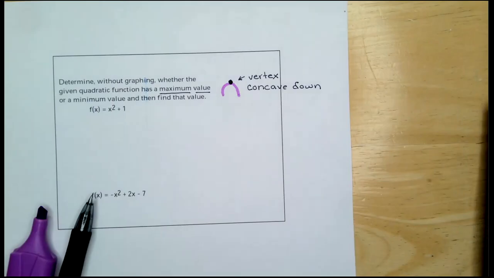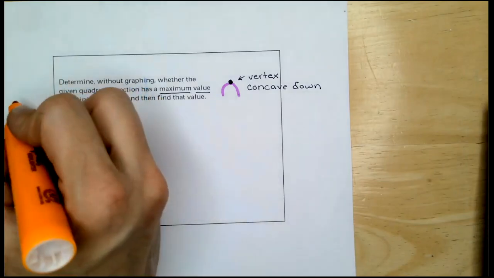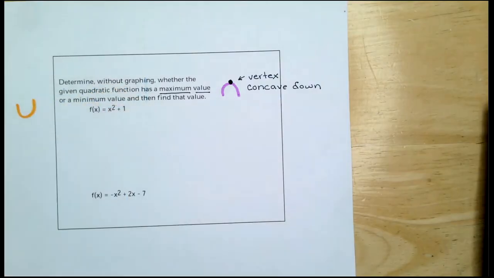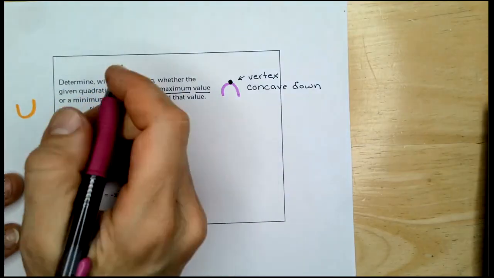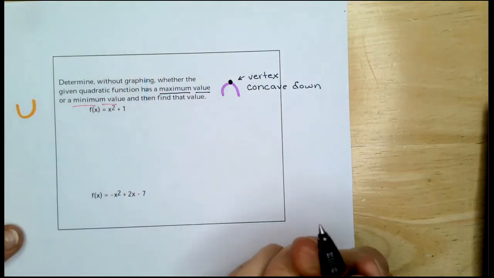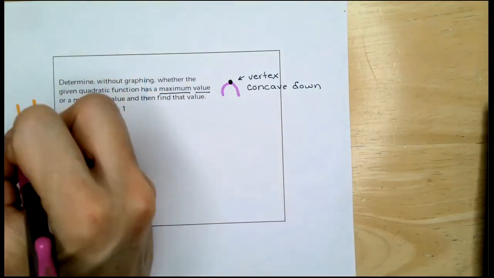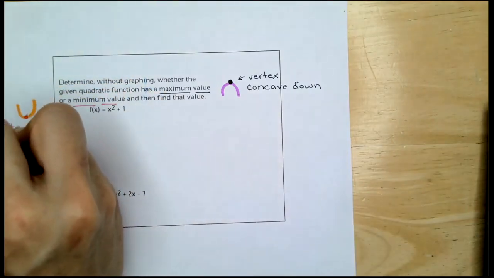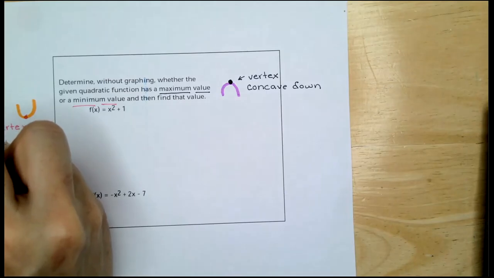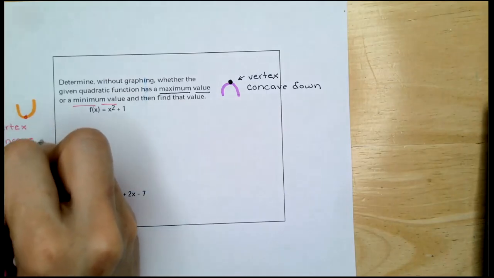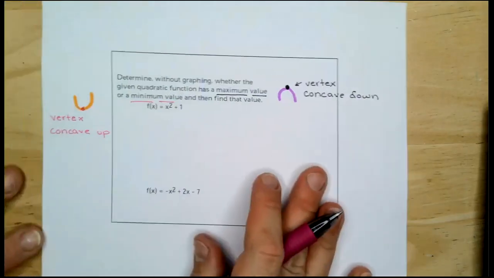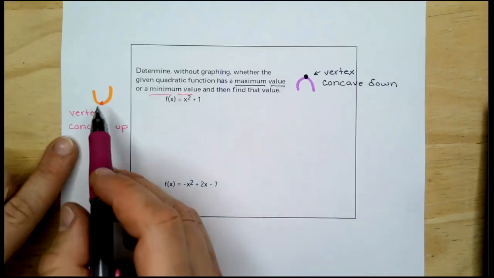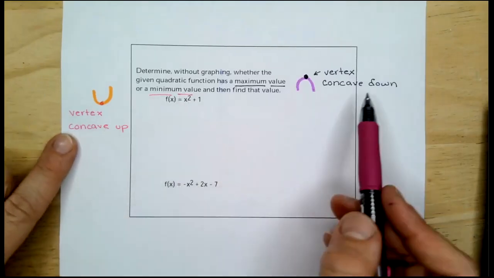All right. It has a minimum value when it is the vertex concave up. Okay, so that's what they want to know. It's minimum if it's a concave up situation.